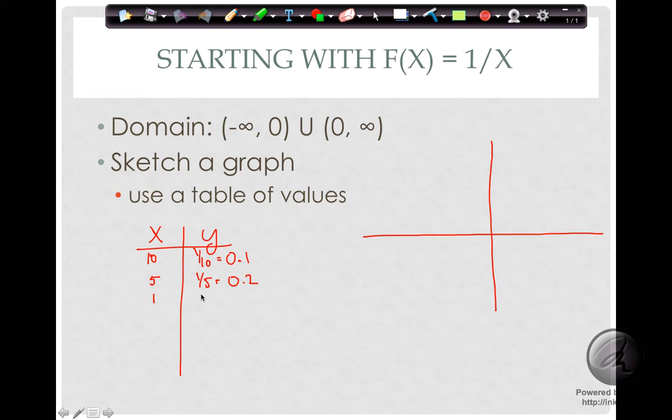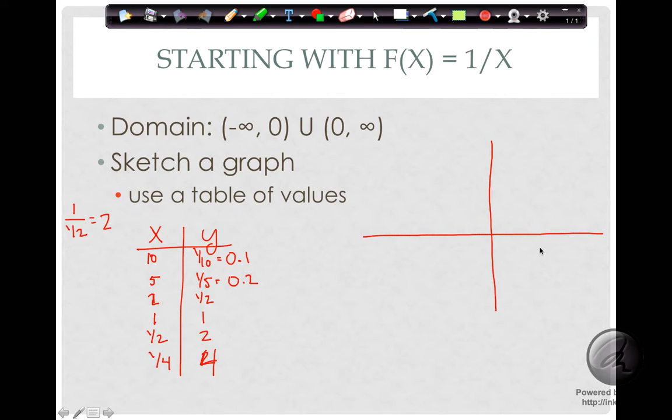Let's start with a 2. Let's get 1/2. Go to 1, it's 1. If I plug in a 1/2, here's where you might have to think a little bit harder. If this was 1/2, it would be 1 over 1/2, which is 2. So this becomes a 2. If I go to 1/4, this becomes 4 in the same fashion. 1/5 becomes 5 and all that sort of stuff.